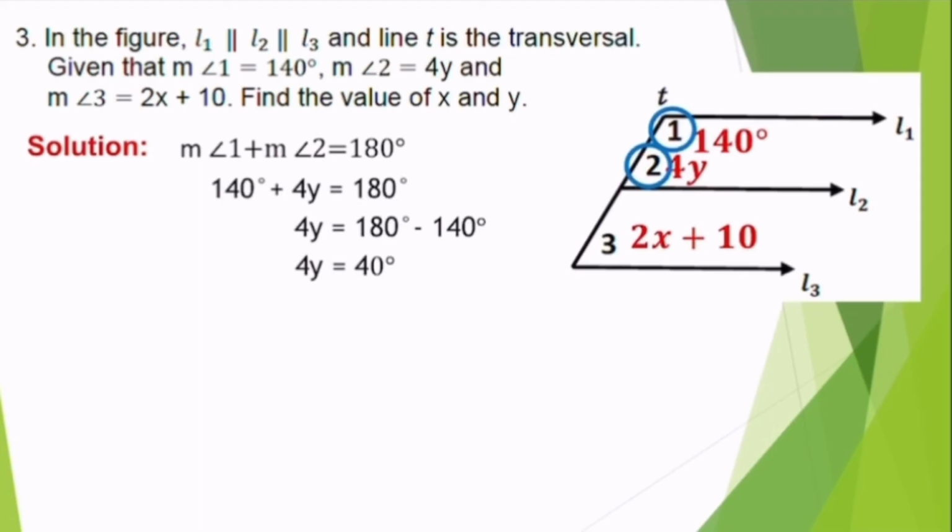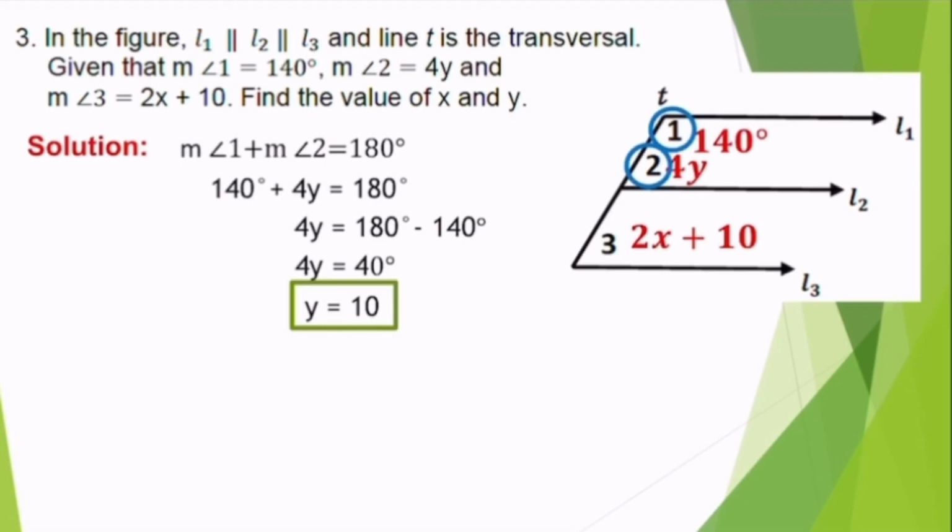Now, by applying the division property of equality, we divide both sides by 4. So 4y divided by 4 is y, and 40 divided by 4 is 10. So the value of y is 10. Now, since we already found the value of y, let's find out what the value of x is.